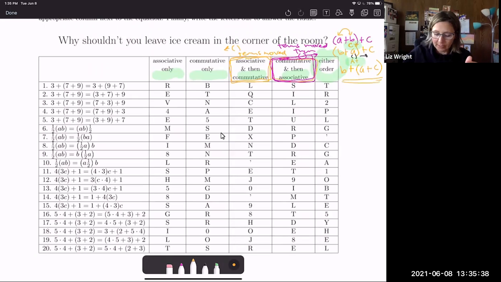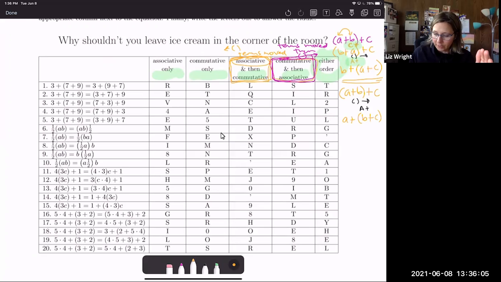So I'm going to start with what I started with, which was A plus B plus C. This time I'm going to do associative, which means my parentheses are going to go this way. This is the associative addition property. And I'm going to do A plus B plus C, because my parentheses are moving.